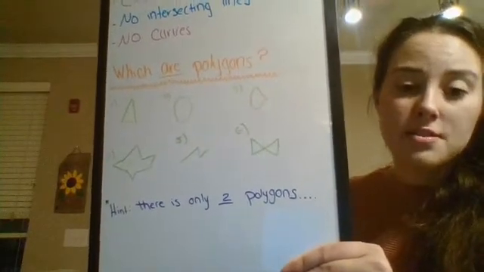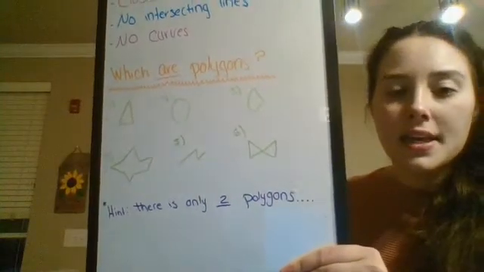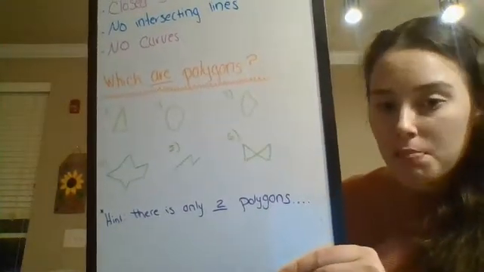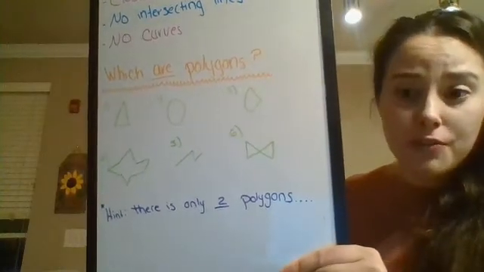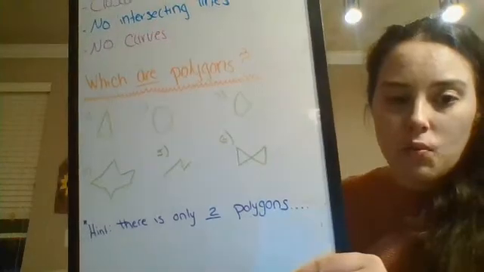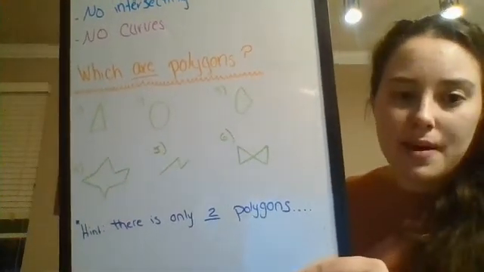If you have your answer already, I want you to think about why the other ones are not polygons and give me some reasons why. Explain why they are not polygons. You can explain it to yourself if nobody is around, explain it to a parent, talk it through. Why are they polygons? Why are they not polygons? Think about each shape.